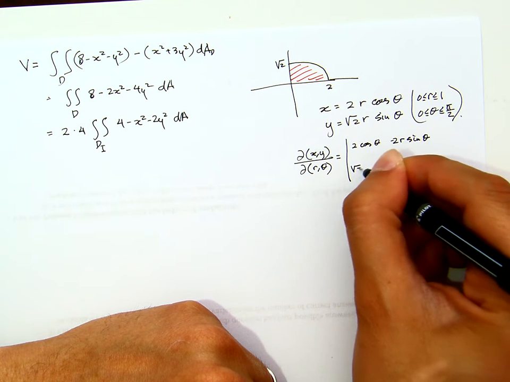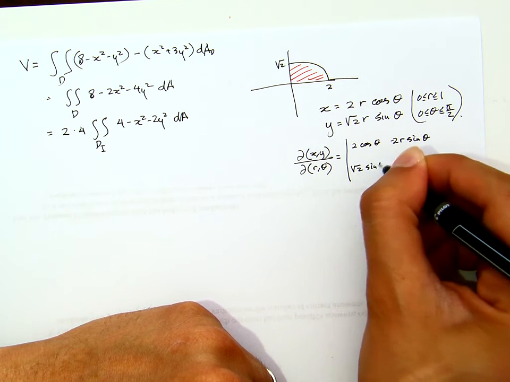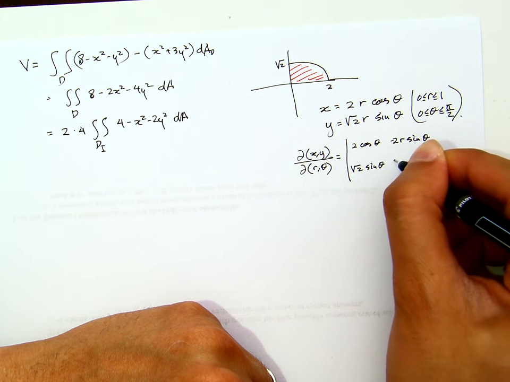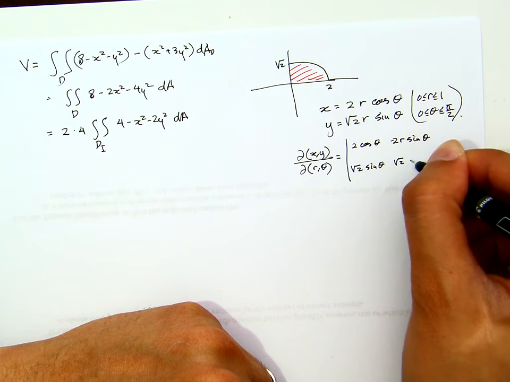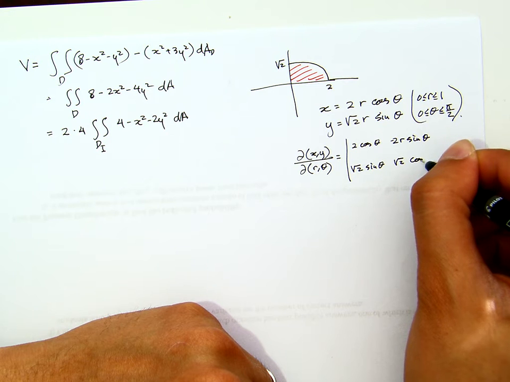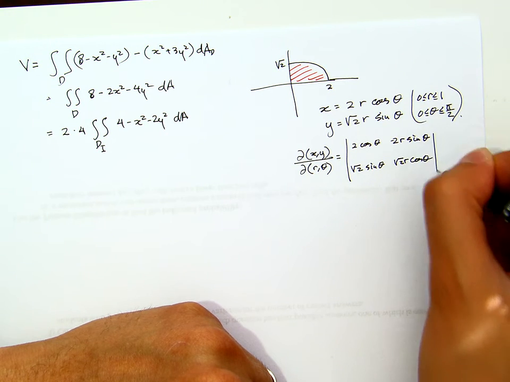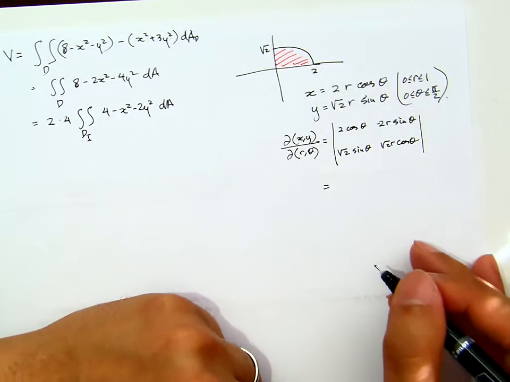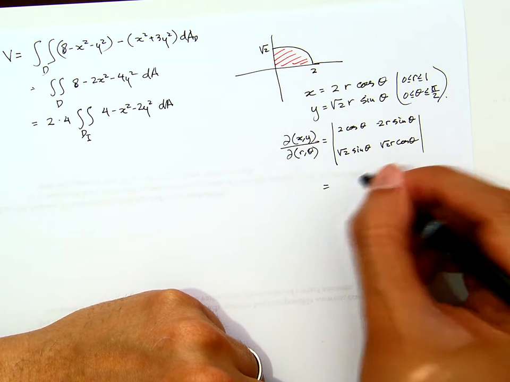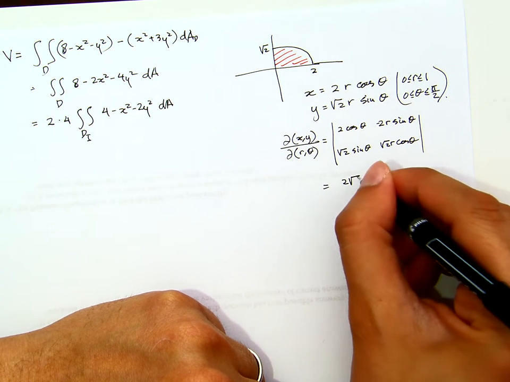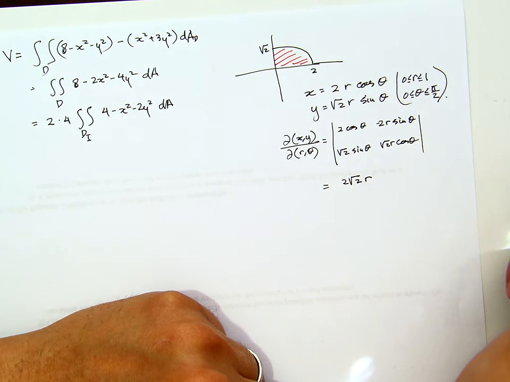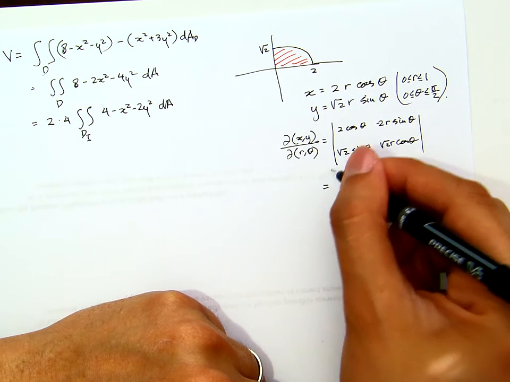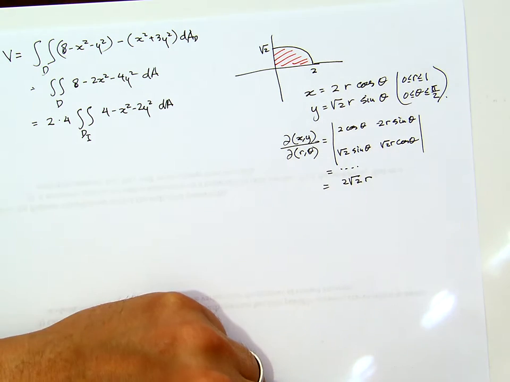This is radical 2 sine theta, and this is radical 2 r cosine theta. If we go further, you will see this is basically 2 radical 2 r, with some steps in between.